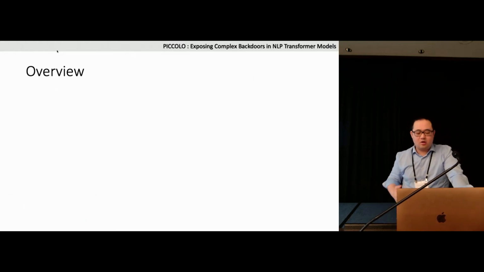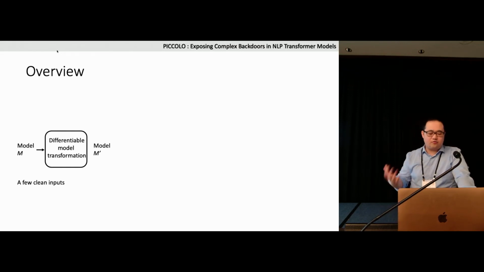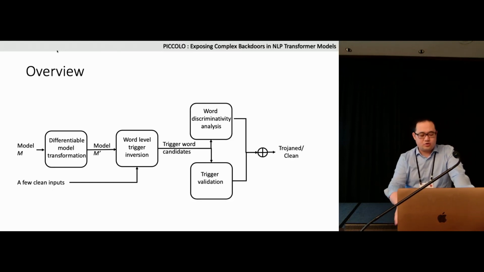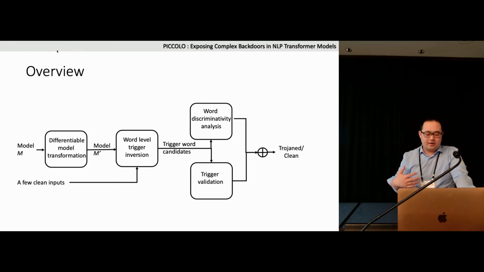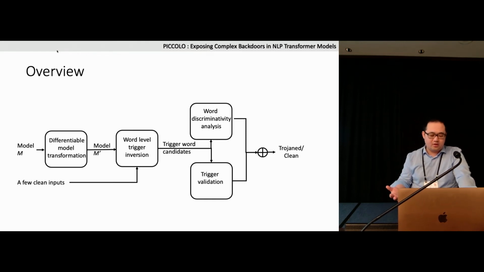So here is an overview of our method. Given a model M and a set of clean inputs, we first transform this model M into a differentiable equivalent model M prime, and with the clean inputs, we do a word level trigger inversion and get a list of trigger word candidates. And then the trigger word candidates are fed into a word discriminativity analysis and trigger validation to determine if the model is trojaned or not.